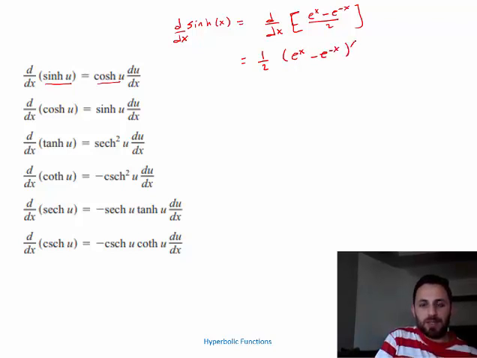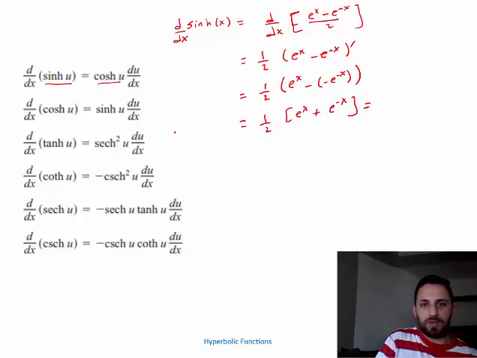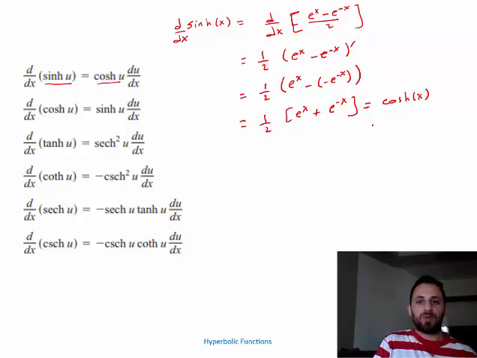D by dx is denoted by prime. The derivative of e^x is e^x, and the derivative of e^(-x) is minus e^(-x), which is equal to e^x plus e^(-x), and this is equal to cosh of x. So the derivative of sine hyperbolic is the cosh.